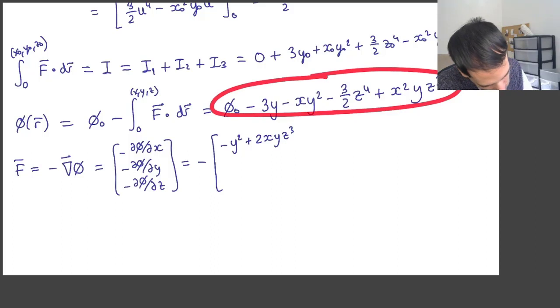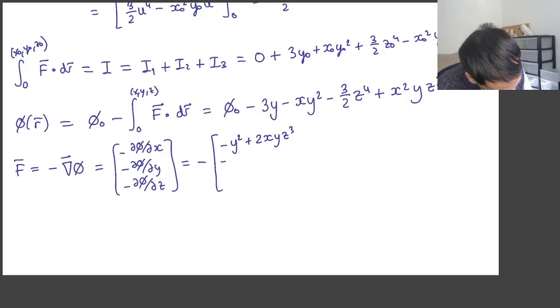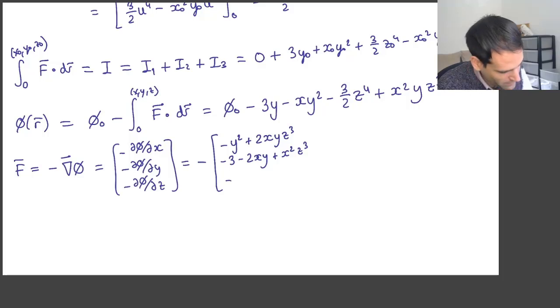Then the partial with respect to y is going to be minus 3 minus 2xy minus 0 plus x squared z cubed. And then the partial with respect to z, that's going to be 0 minus 0 minus 0 minus 3/2 times 4, that's going to be minus 6z cubed, plus 3x squared y z squared.